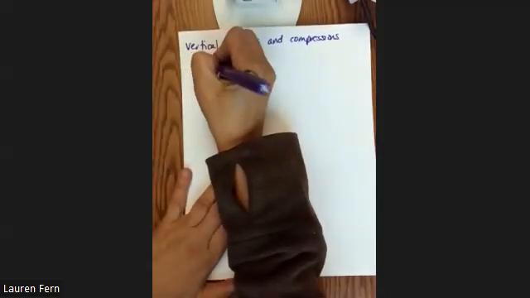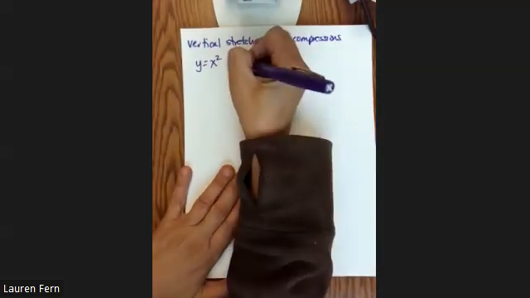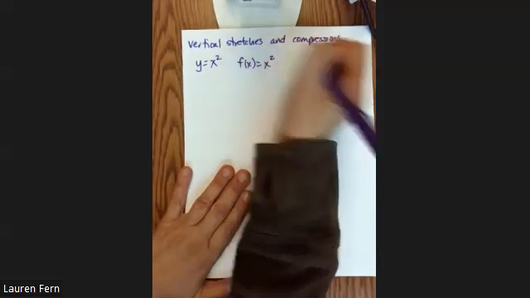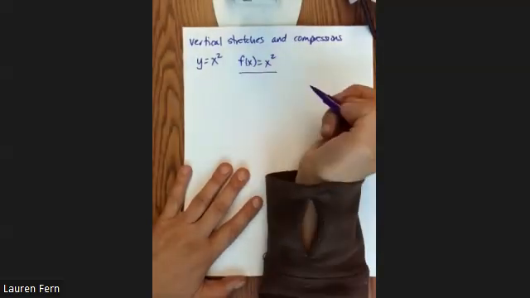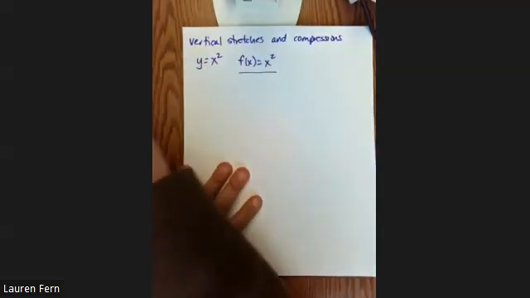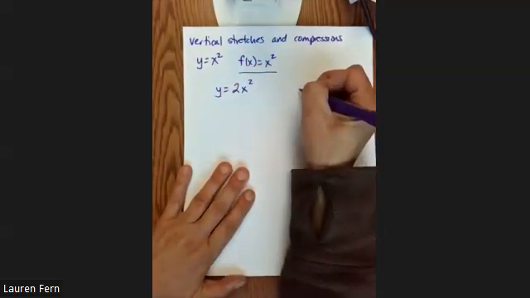Now I'm going to take another toolkit function, y equals x squared. In other words, let's let f of x be x squared. I want to graph this, but then I also want to graph y equals 2x squared.